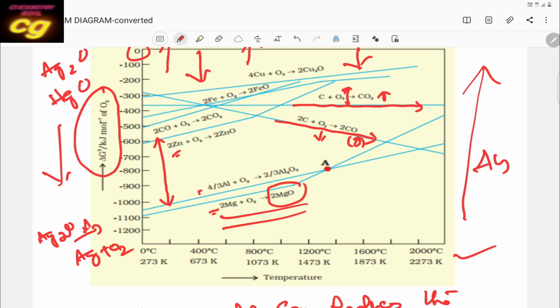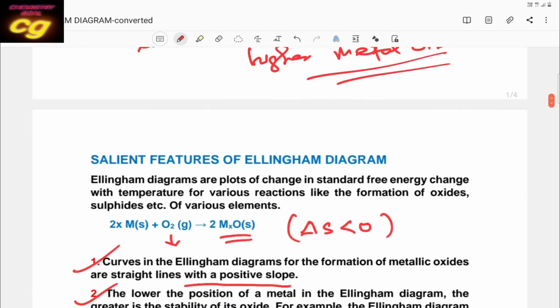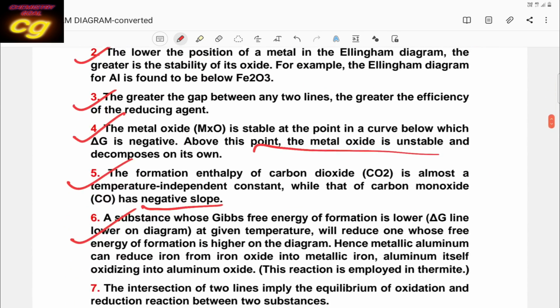So the graph at the bottom can reduce the top. The metal below in the graph can reduce the upper oxides. So these are very important points of the Ellingham diagram.